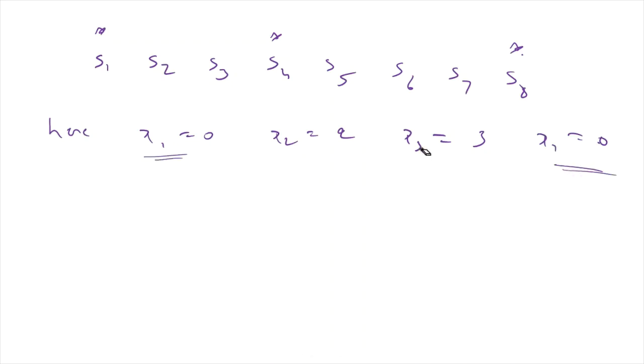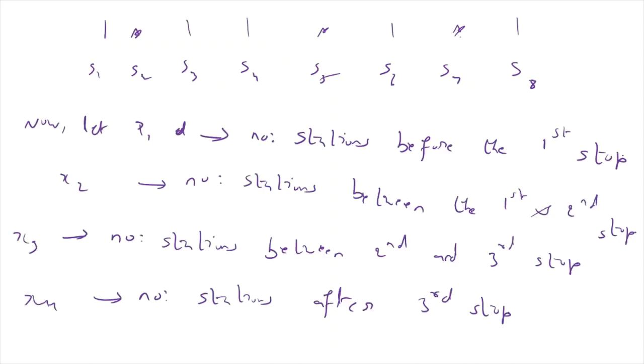But x2 and x3 cannot take the value 0, because between any two consecutive stops there should be one station. But x1 and x4 can take the value 0. So if you understand this, then we can write down the equation.